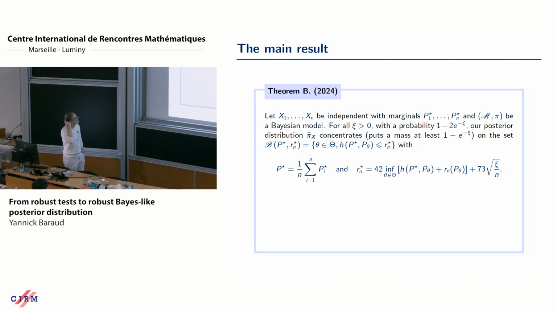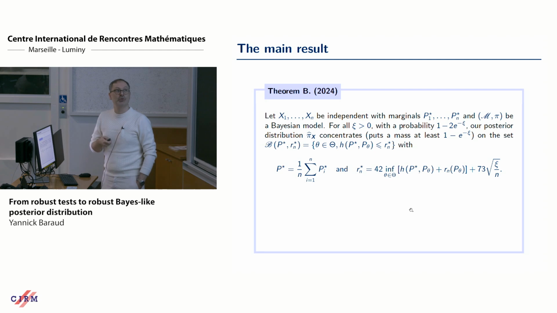So we can establish a theorem that says: you have independent data, possibly with different marginals, you have your favorite statistical model with a prior, and for all psi positive, with a probability close to 1, the posterior distribution will concentrate most of its mass on a neighborhood of the parameters theta which are close to p star, where p star is just the average of the marginal distributions of the data.